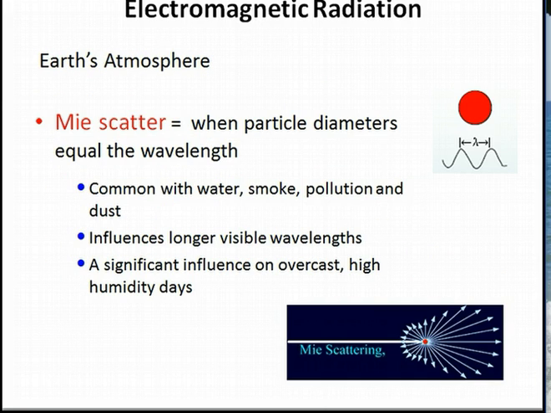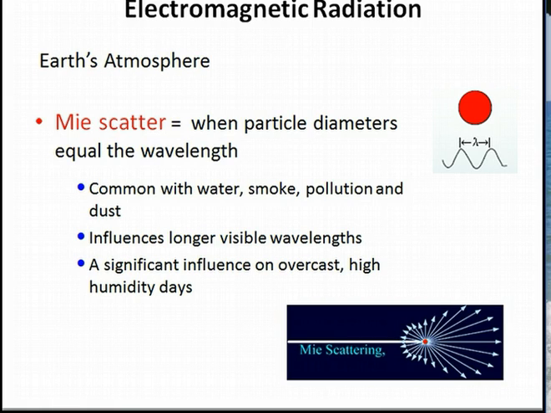Typically, you're going to see Mie scatter when the size of the particle matches the size of the wavelength. So again, this is another selective scattering mechanism. Only those wavelengths that are approximately the same size as the particles themselves are going to be scattered. But this is very common when you have dust or water vapor in the atmosphere, pollution, smoke.